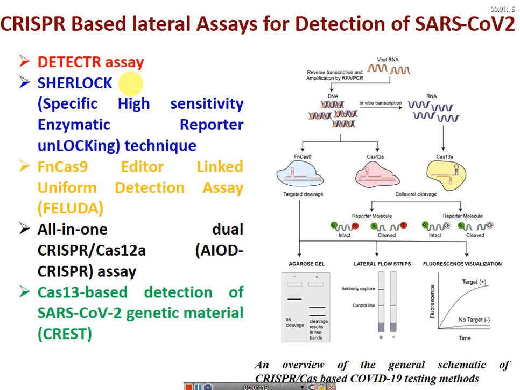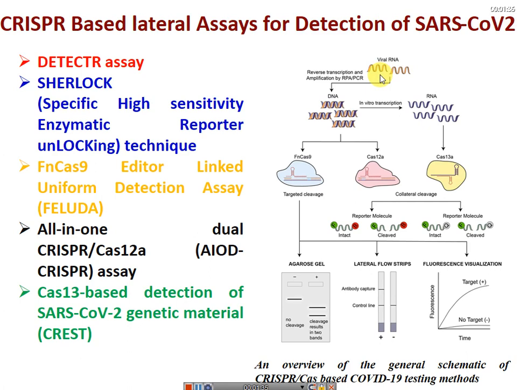So first, to understand the basics or overview of the CRISPR based COVID-19 testing assays, what do we do here? We take the patient sample that has the viral RNA in it, and then we amplify it.